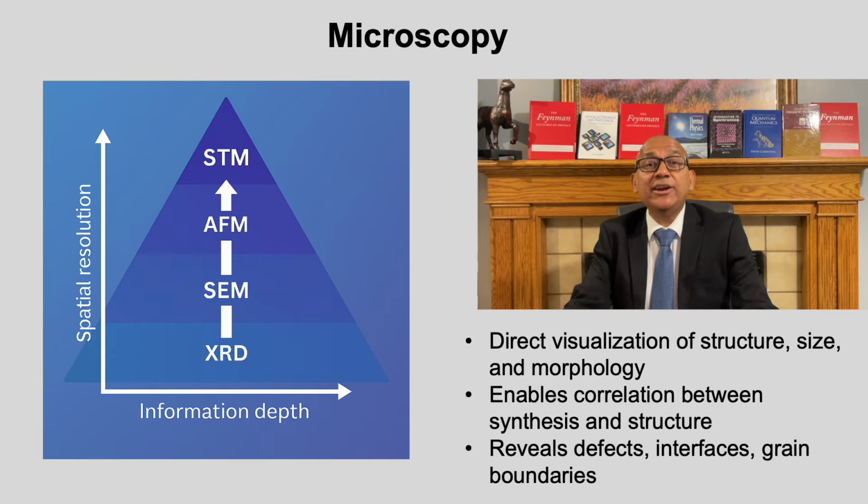It helps validate synthesis methods, determine particle size and morphology, and detect defects or inhomogeneities that influence properties. The next few slides will build from lower resolution, bulk averaged techniques like X-ray diffraction to higher resolution imaging tools such as SEM, TEM, and scanning probes.